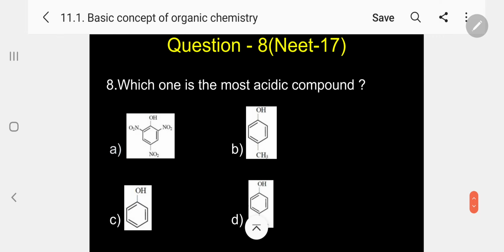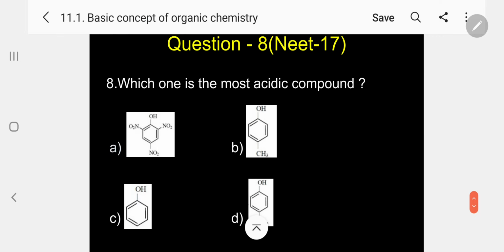Then question number 8. My dear students, kindly follow. This was again asked in 2008, NEET 2017. Which one is the most acidic compound? We have seen basic compounds already; this is the acidic compound. A: 2,4,6-trinitrophenol.